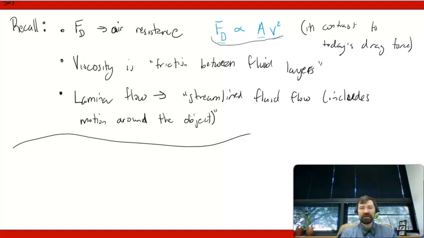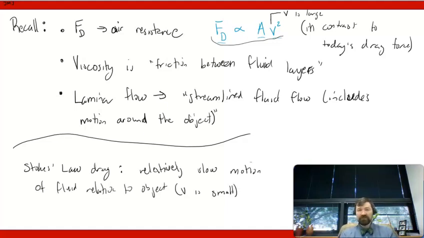Stokes Law drag basically requires that we have a relatively slow motion of the fluid relative to the object. That is in contrast with the air resistance, where v can be and often is quite large.